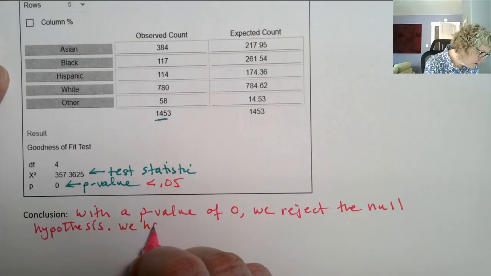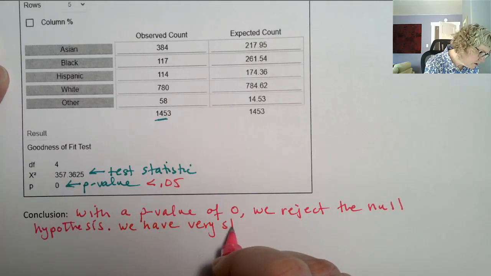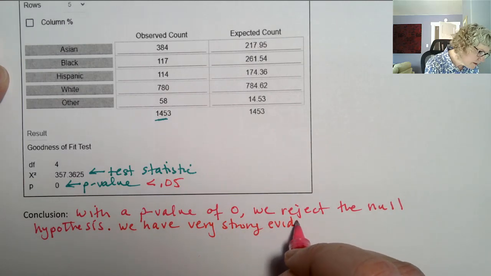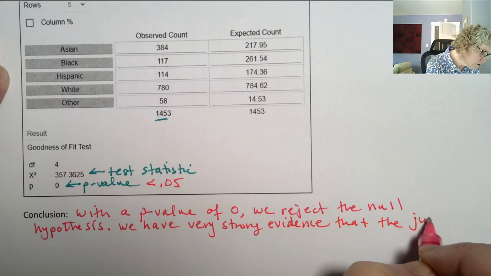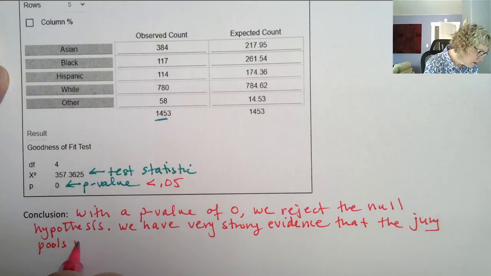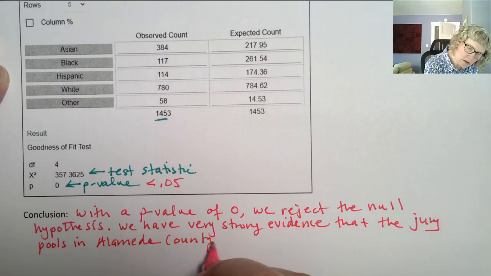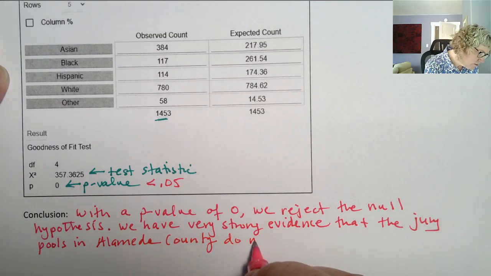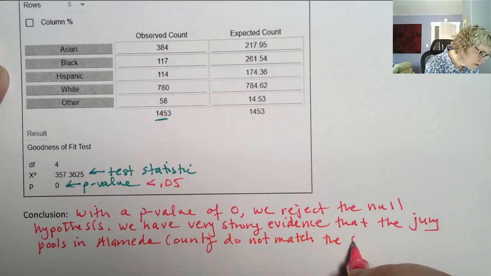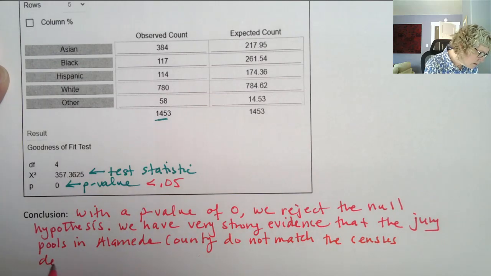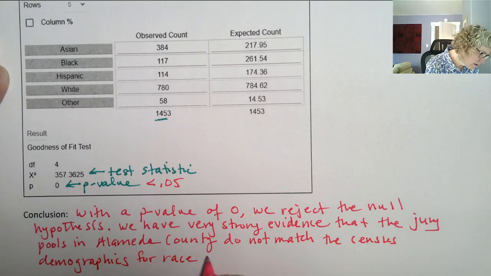We have very strong evidence that the jury pools in Alameda County do not match the census demographics for race and ethnicity.